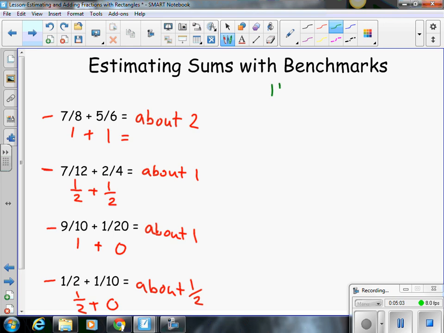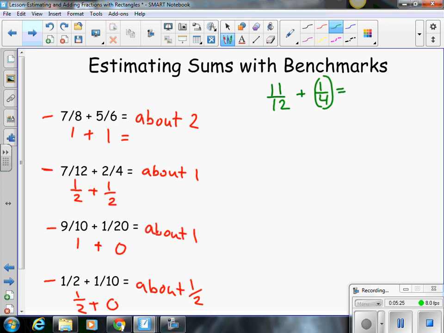It's 11/12 plus 1/4. This problem is difficult because of this number, the 1/4. 1/4 is exactly midway, exactly halfway between 0 and 1/2. So we can't really say which one it's closer to.